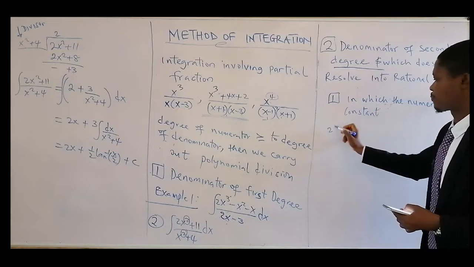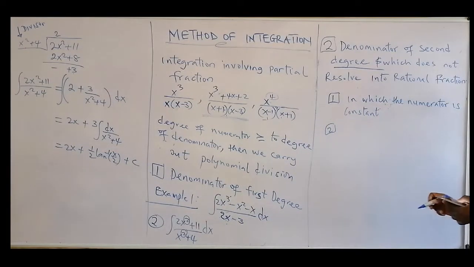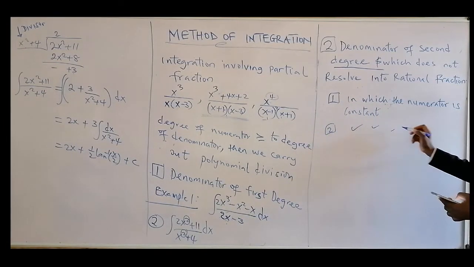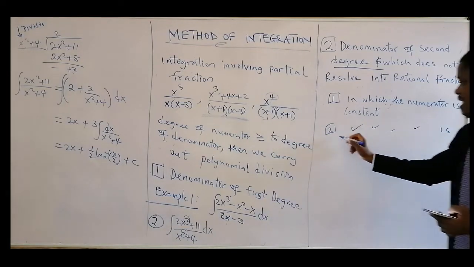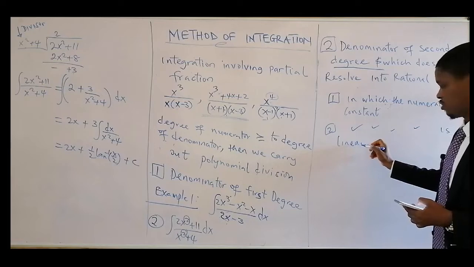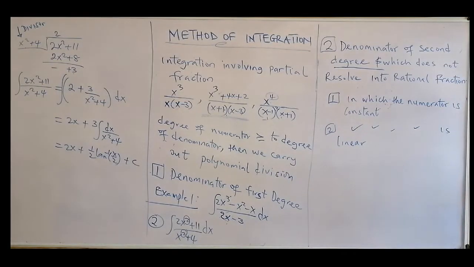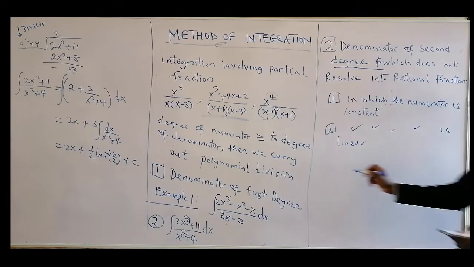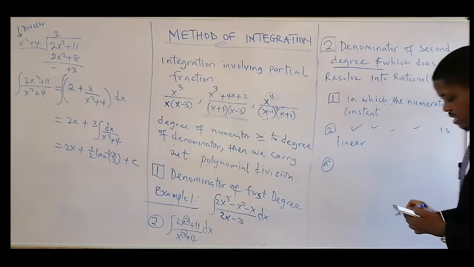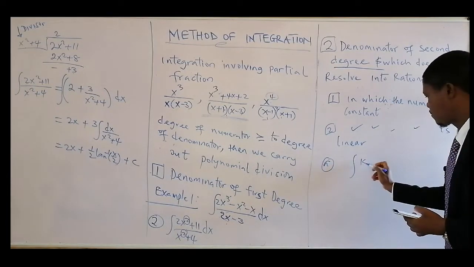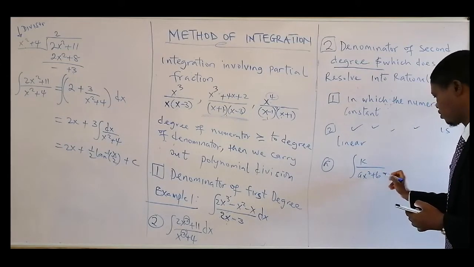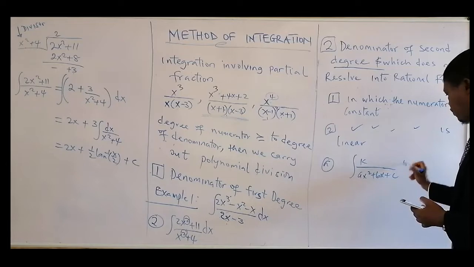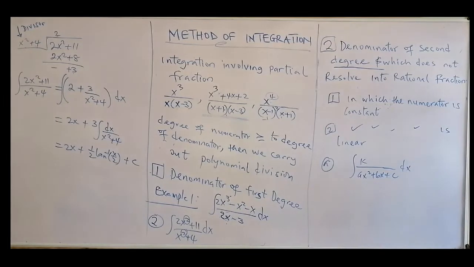And then case 2, in which the numerator is linear. So let's play with that and see the guide. For case 1, this is what we're looking at: K over (Ax² + Bx + C) dx.